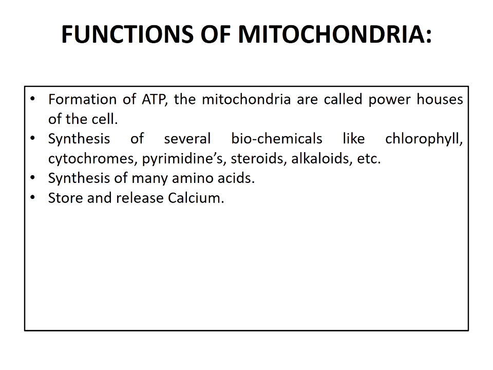Next is the function of mitochondria. Because of the formation of ATP, the mitochondria are called the powerhouses of the cell, and they produce energy. The mitochondria provide important intermediates for the synthesis of several biochemicals like chlorophyll, cytochromes, pyrimidines, steroids and alkaloids. The matrix or inner chamber has enzymes for the synthesis of fatty acids.